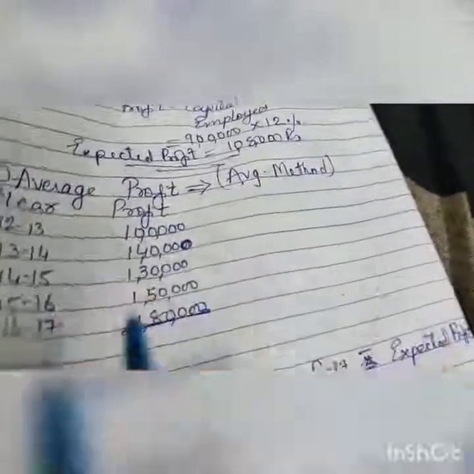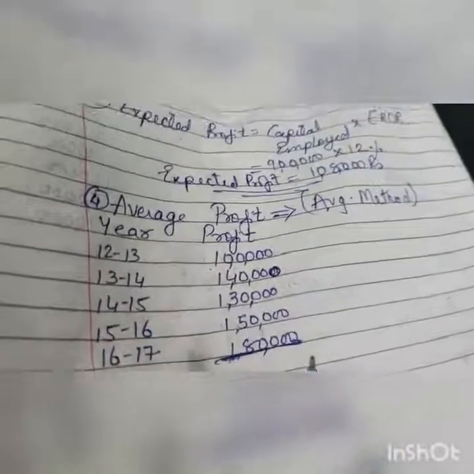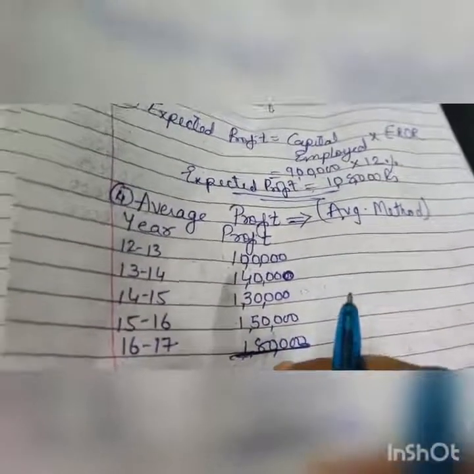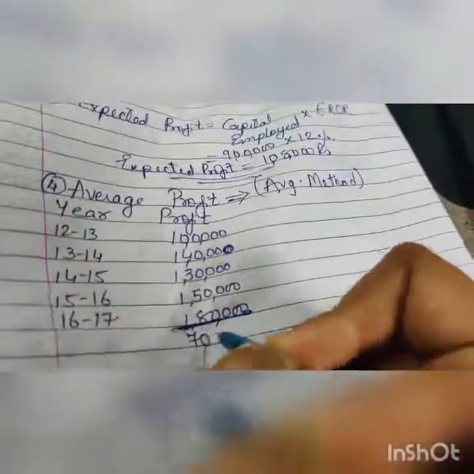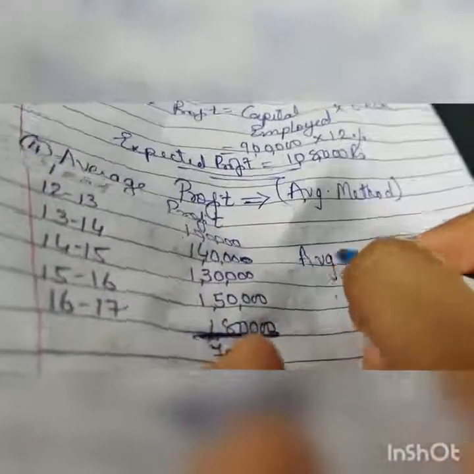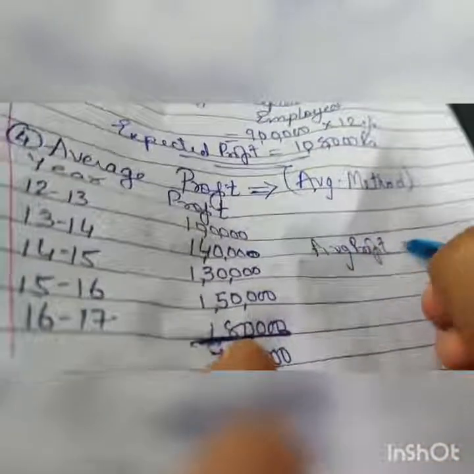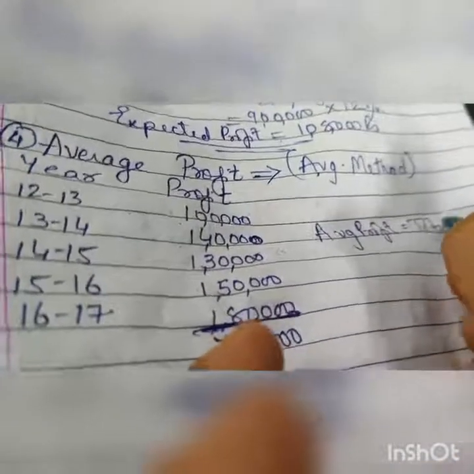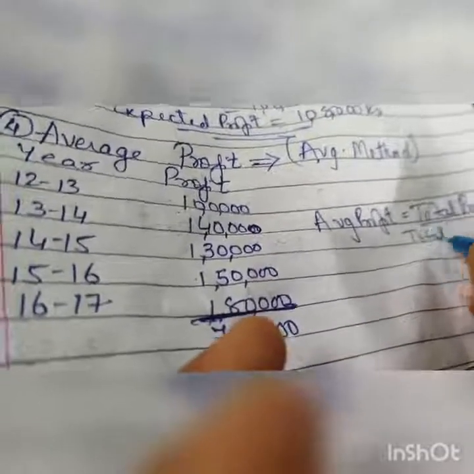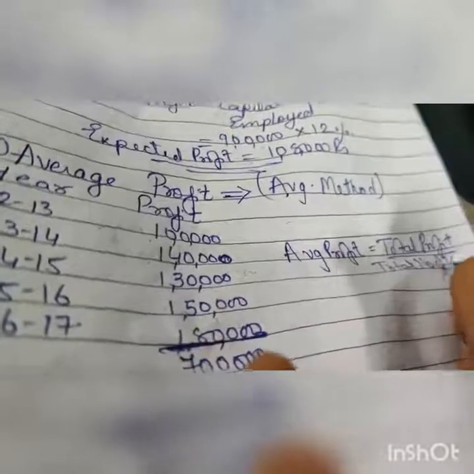Okay, so this method here we are supposed to use. So what is the total profit? So the total profit of all this is 1 lakh, 1 lakh 40, 1 lakh 30, 1 lakh 50 and 1 lakh 80. It comes to 7 lakh. Okay, now we will write down average profit is equal to total profit upon total number of years.